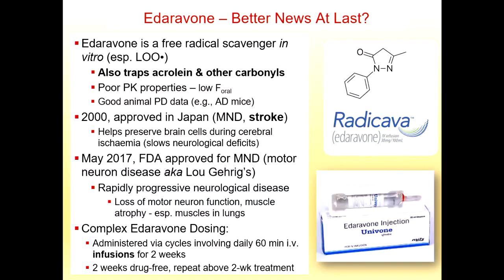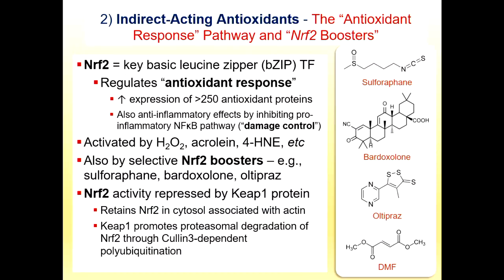This is motor neuron disease, the American name. And it's not that great a drug. It's got some issues with it. You have to take it via infusions, daily infusions that last for 60 minutes for 2 weeks, and then you have 2 weeks off and do it again. It's a pretty unpleasant dosing regimen, but some limited efficacy.